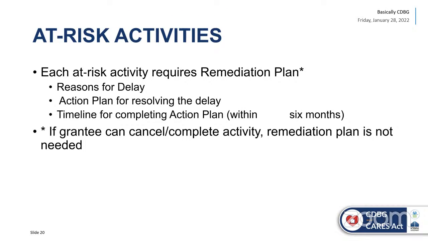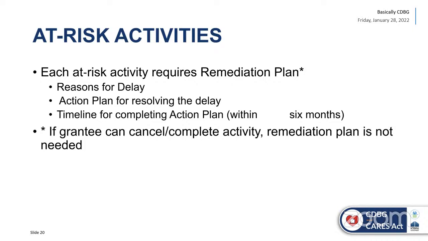For every at-risk activity, the grantee needs to submit a remediation plan. It needs to explain why the activity is delayed, submit an action plan for resolving the delay, and also provide the timeline for completing the action plan, normally within six months.